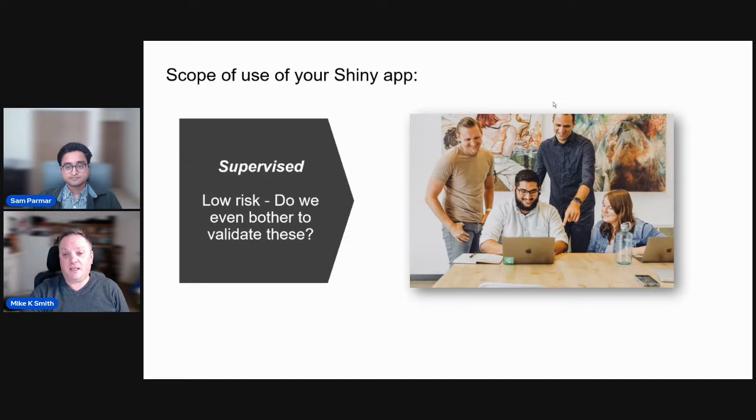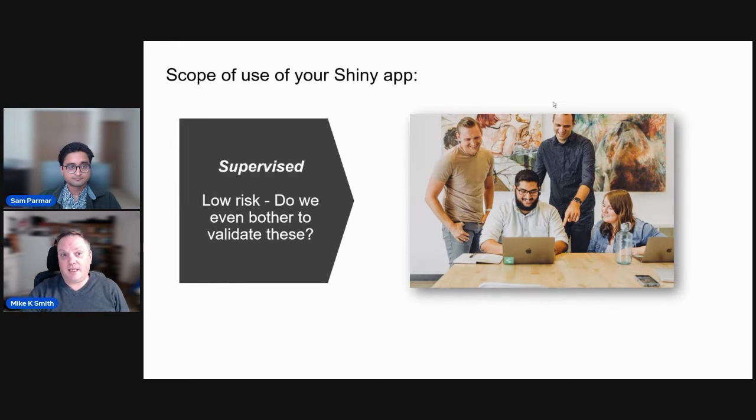So in this case, the Shiny developer sits with the team and drives the Shiny app, if you like. So you can be sure that that Shiny app will be used only within the scope of use that the developer has intended. The developer will know which bits are robust and work well, but also can steer the team away from areas that perhaps the app isn't intended for, or can advise on those things.